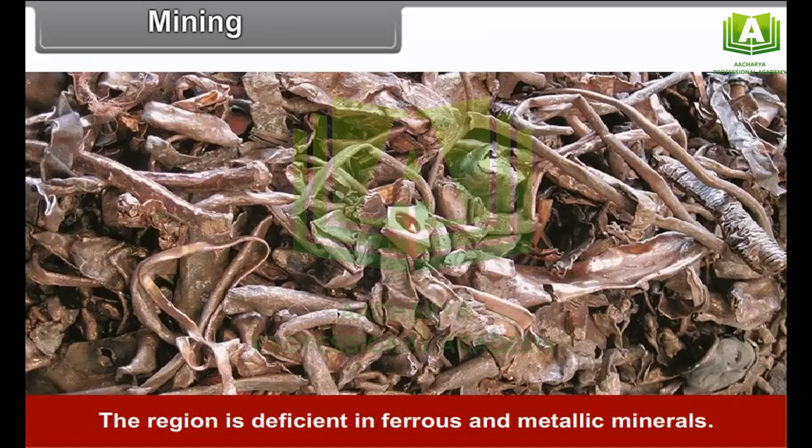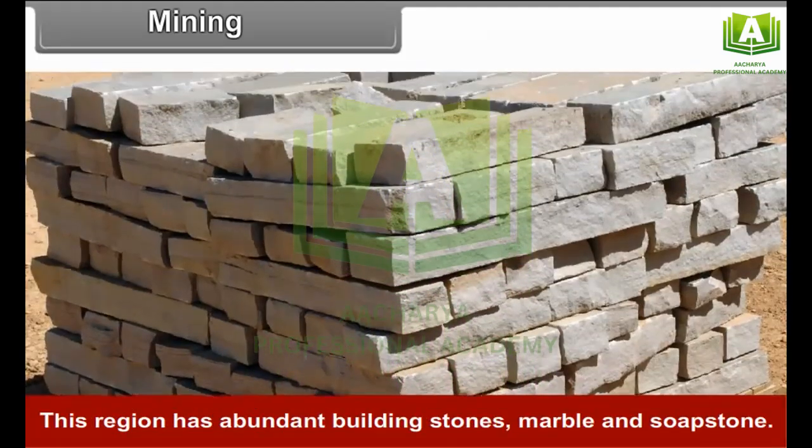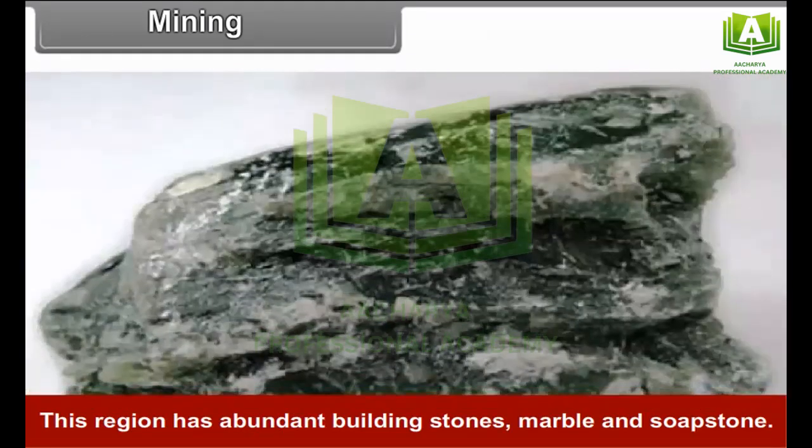Mining. The region is deficient in ferrous and metallic minerals. However, it contains 90% of the country's gypsum and 90% of the country's china clay. This region has abundant building stones, marble, and soapstone.